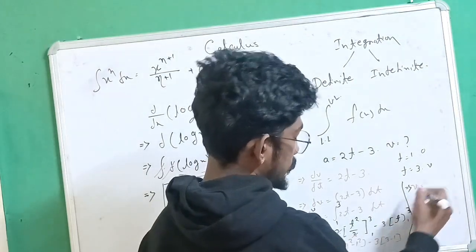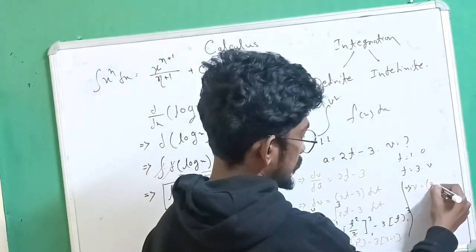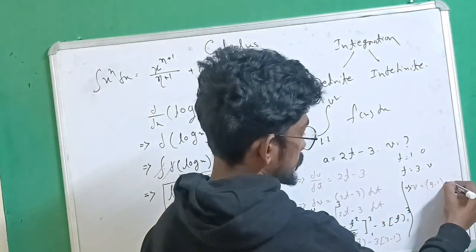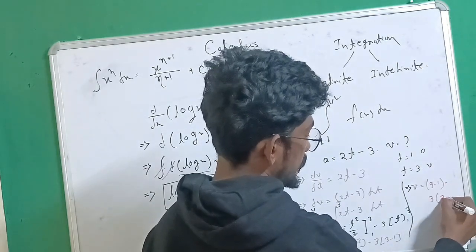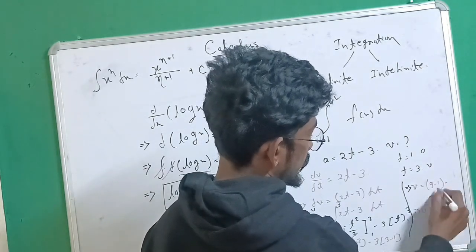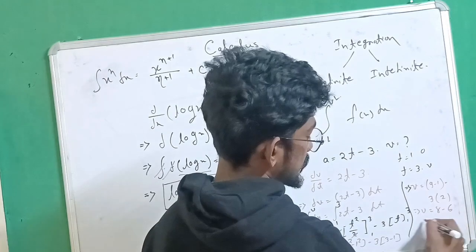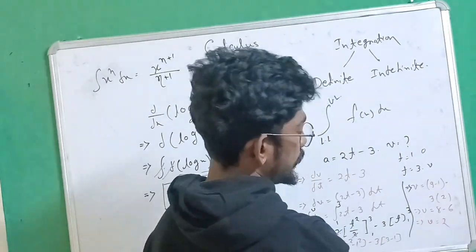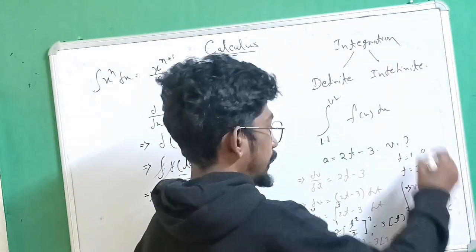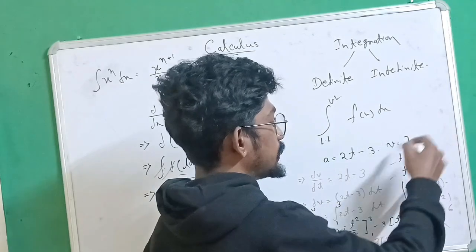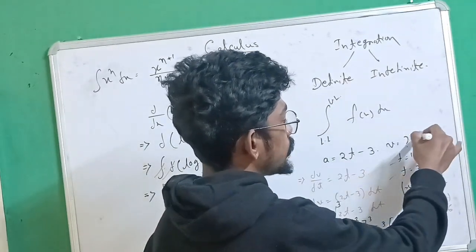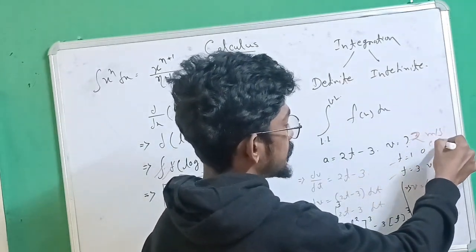Now v will be equals to 3 square means 9 minus 1, minus 3 into (3 minus 1) which is 2. So v will be 9 minus 1, 8, minus 6. Therefore v will be equals to 2. So between t equals 1 to 3 the change in velocity is 2 meter per second.